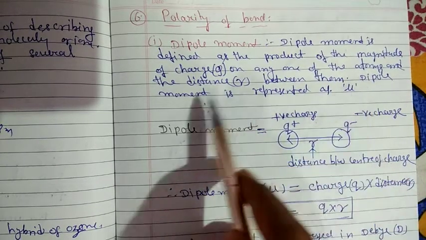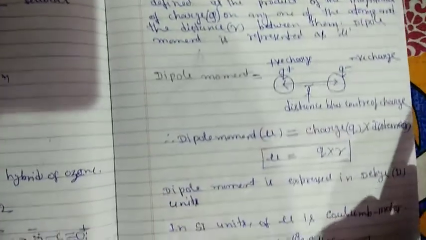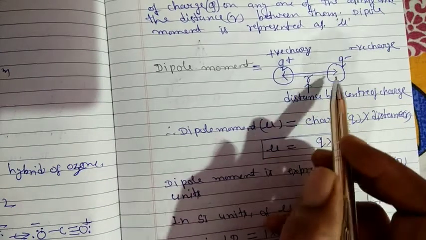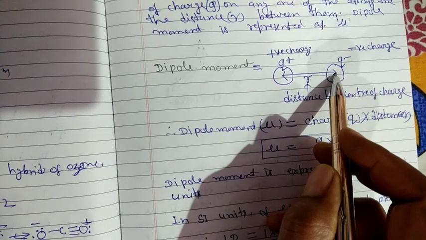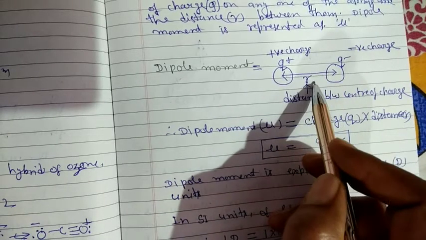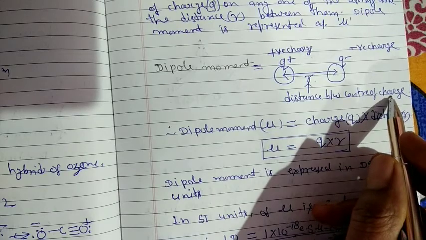Okay, dipole moment is represented as mu. So we take two atoms, one with positive charge and another with negative charge, and their distance between the centers of nuclei is r. Okay, distance between centers of charge.